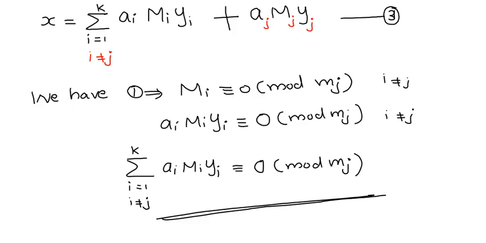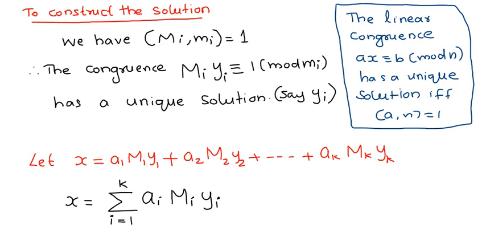By the previous section, this Mi yi is congruent to 1 mod mi. Mi yi is congruent to 1 mod mi.